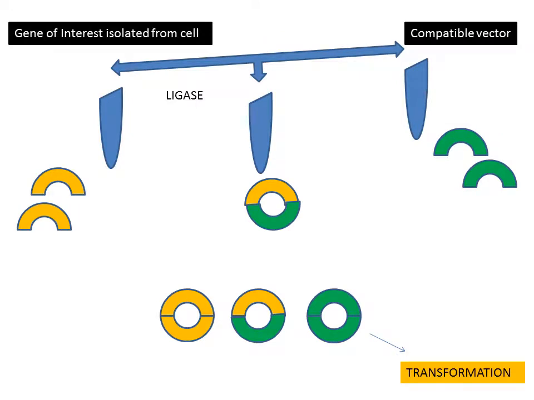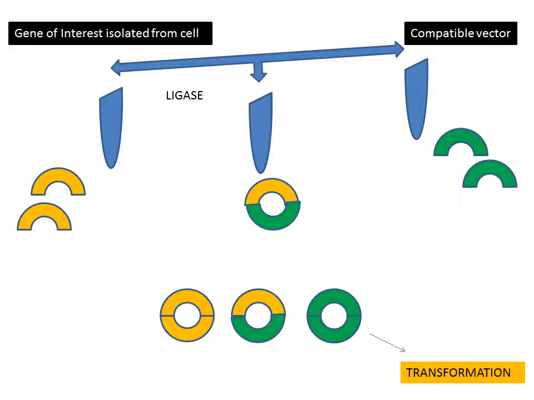Now we have isolated the gene of interest, and we have taken a compatible vector. We have mixed the solutions with ligase. Remember, when we are talking about double stranded DNA in lab conditions, you will get a liquid state in which the DNA is present.